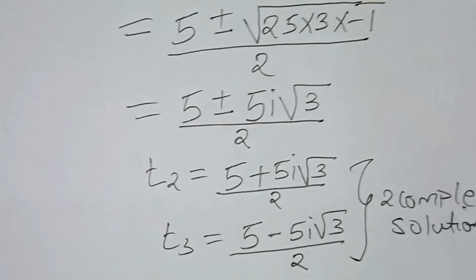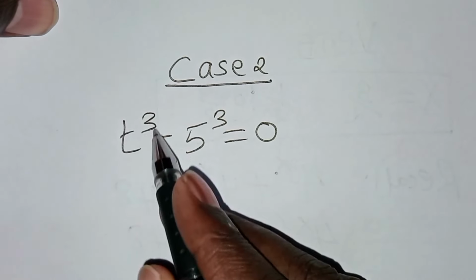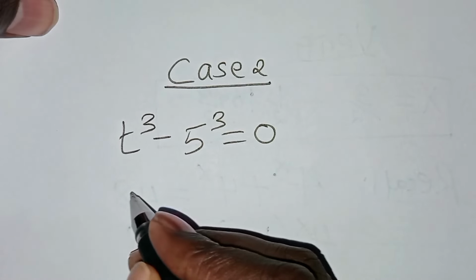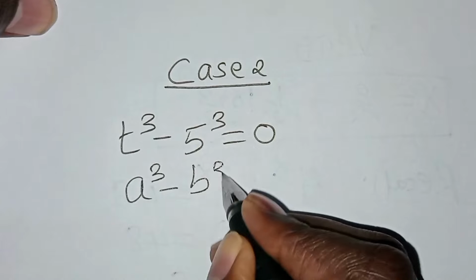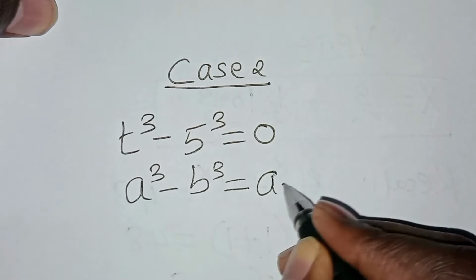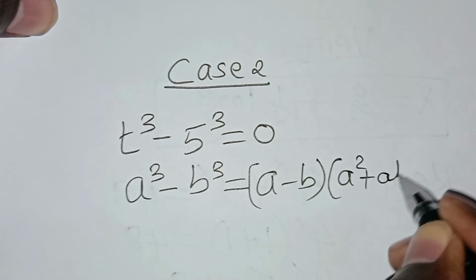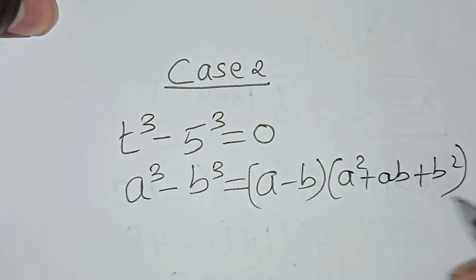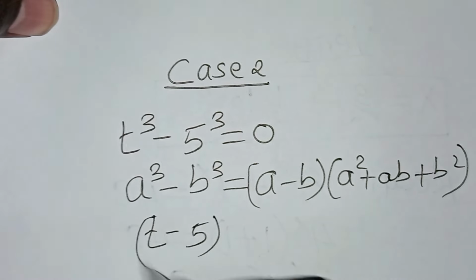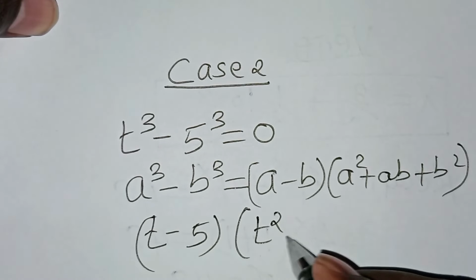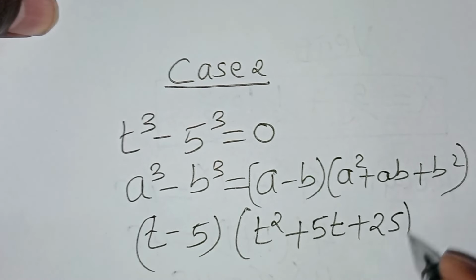So let's proceed to solve case 2. Now we have case 2 here, which is t to the power 3 minus 5 to the power 3, which is the difference of two cubes expressed as a cubed minus b cubed, which we can express as a minus b, a squared plus ab plus b squared. Let's apply this identity so that here we'll have t minus 5, then here we'll have t squared plus 5t plus 25, equal to 0.